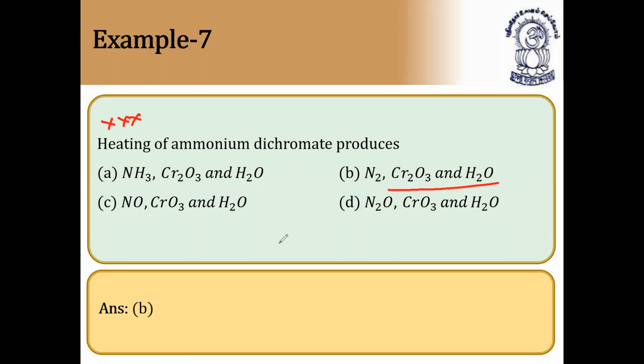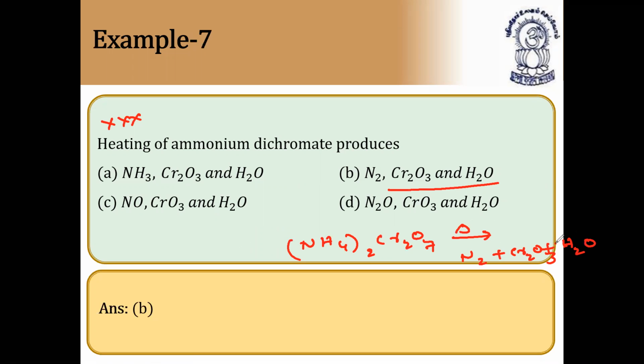You can see the reactions in the lectures. Ammonium dichromate, (NH4)2Cr2O7, on strong heating forms N2 plus Cr2O3 plus H2O.